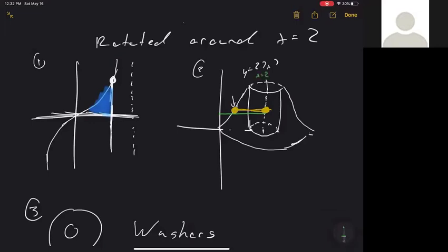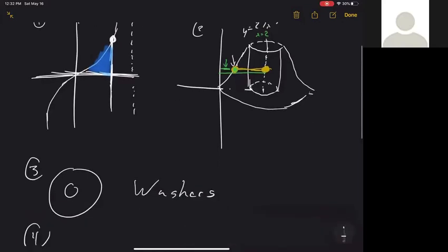If I subtract away this green distance, I should be left with my yellow line, right? So what is this little green guy? Well, that would be the x coordinate of my point here.